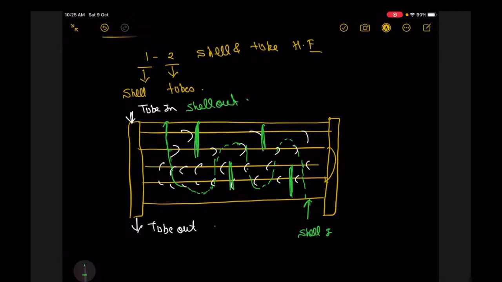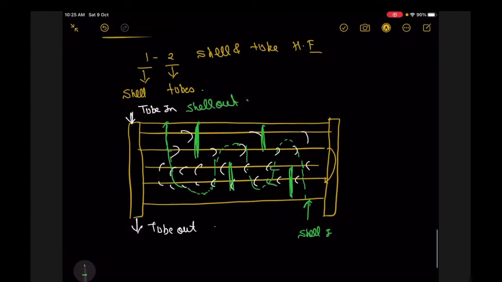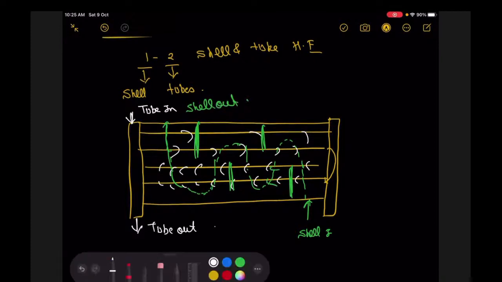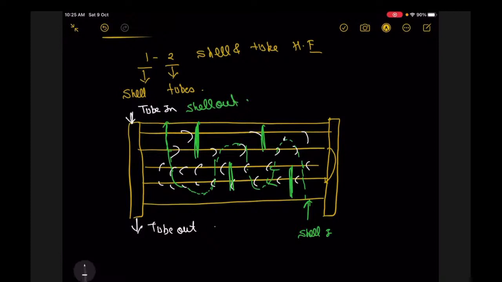So if you see the direction here, in the upper part, they are behaving as a counter current heat exchanger. And at the lower part, both are moving in the same direction. Right? So they are co-current.